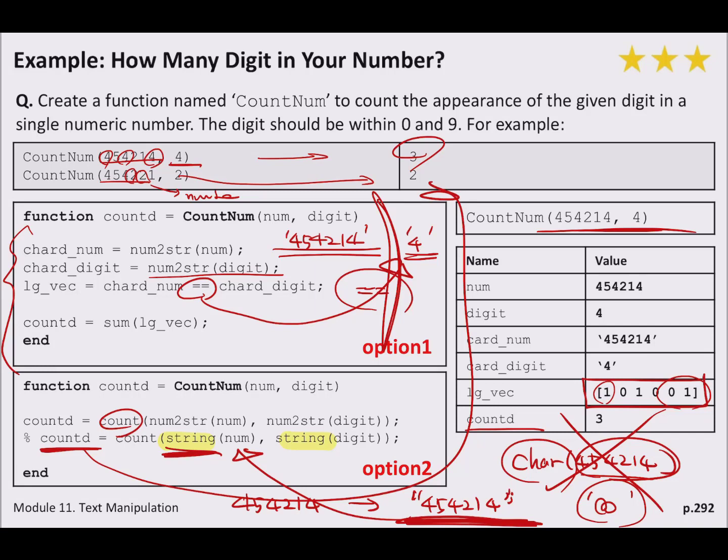Do you understand when we use num2str? This looks like a numeric operation, but the way of solving this problem is like dealing with this number as a number of characters, and then just counting the appearances.